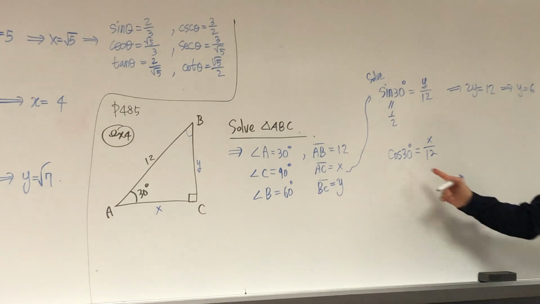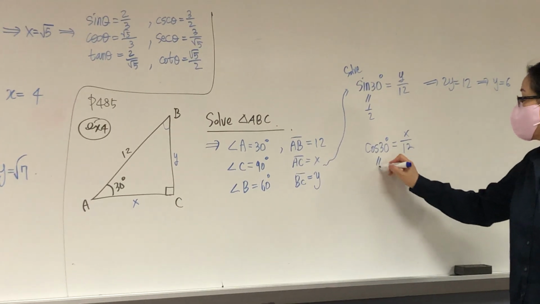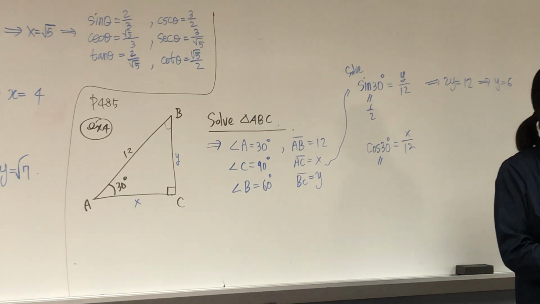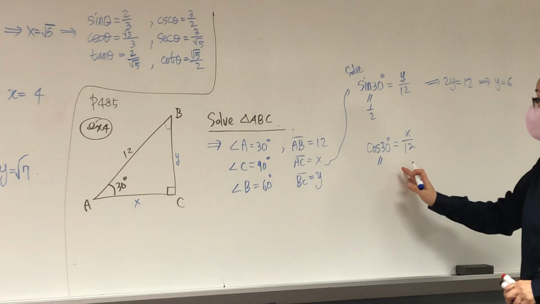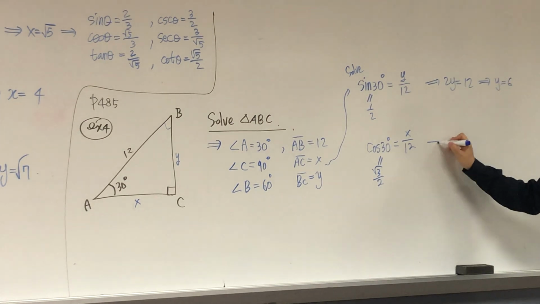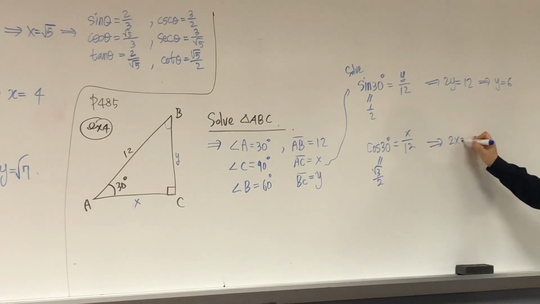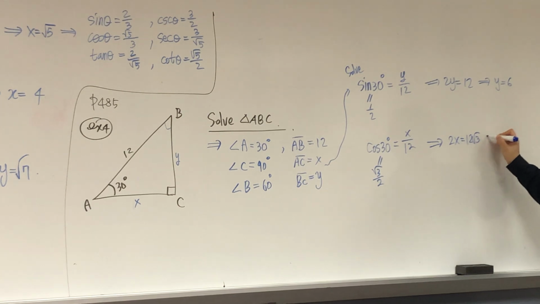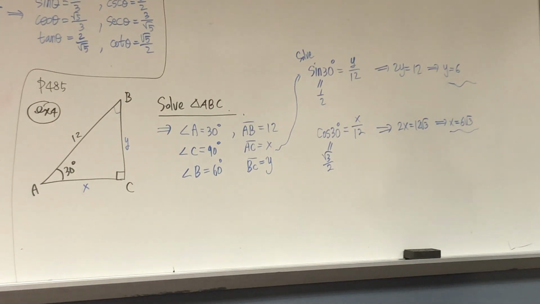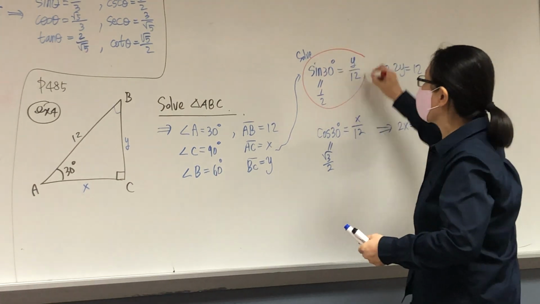What is cosine 30? Sorry, it's square root of 3 over 2. Am I right? And then cross multiplication. So 2x equals 12 square root of 3. So x equals 6 square root of 3. Do you understand? So we're done. This is a very important technique.